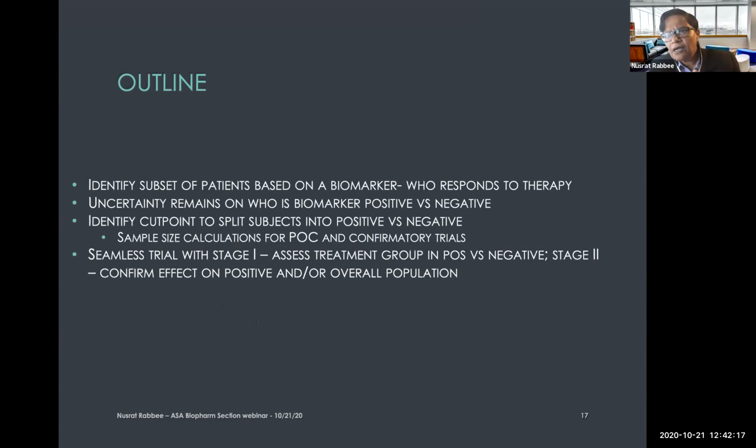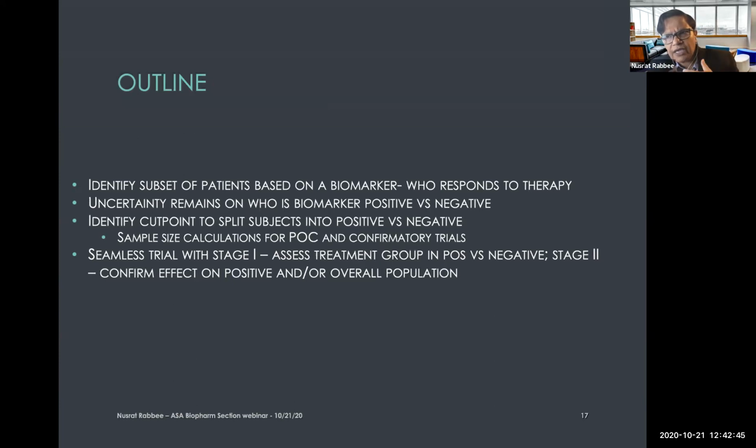So often we are involved in identifying the subset of patients based on a biomarker. We may know that there is this biomarker that measures, and maybe the higher values of this biomarker are the patients that are going to respond to the treatment, but there may be uncertainty on how subjects with lower values of the biomarker would respond.